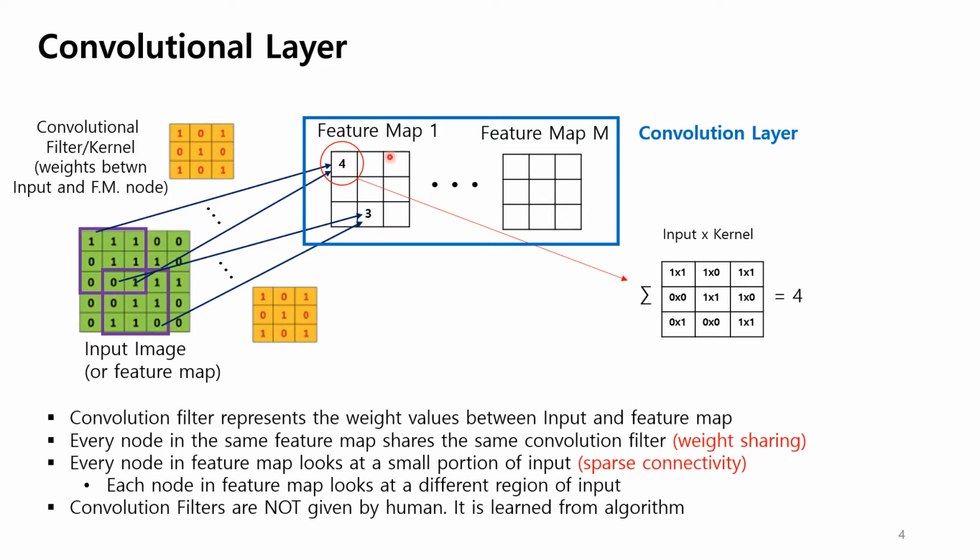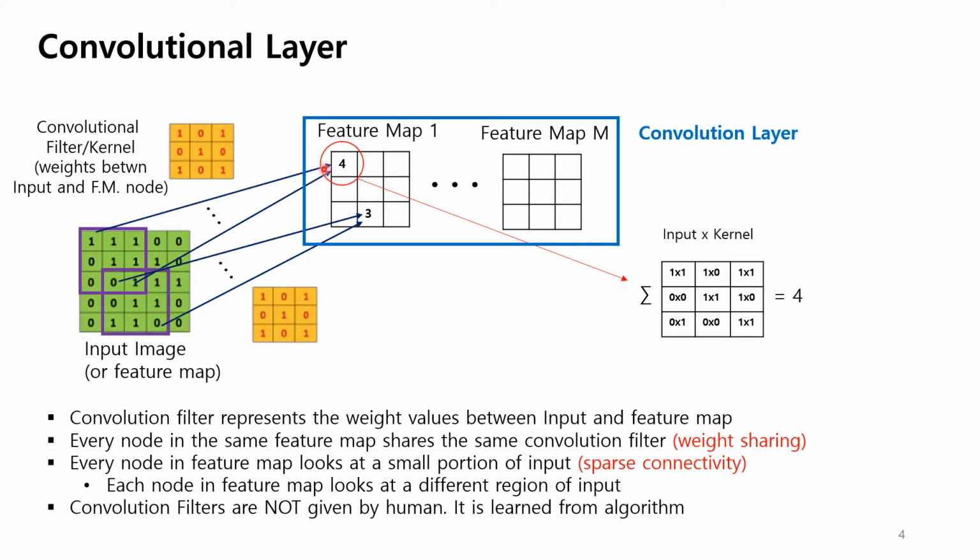Similarly, the next node is also connected to a smaller portion of the image like this, okay. And in a similar way, this node is connected to a small portion of the image like this. So each node in a feature map is connected to a small portion of the input image. That's the first difference, okay?